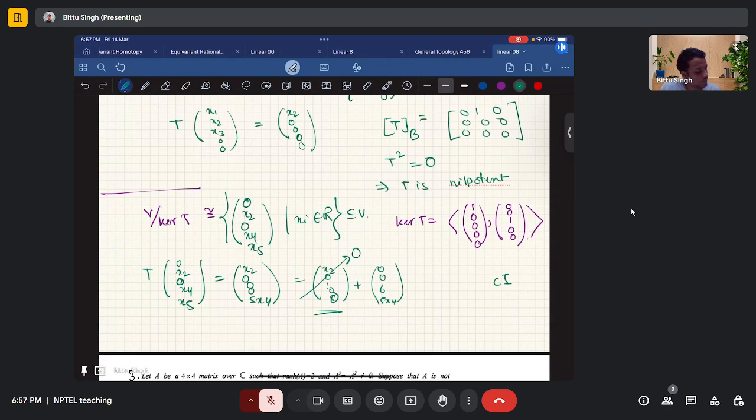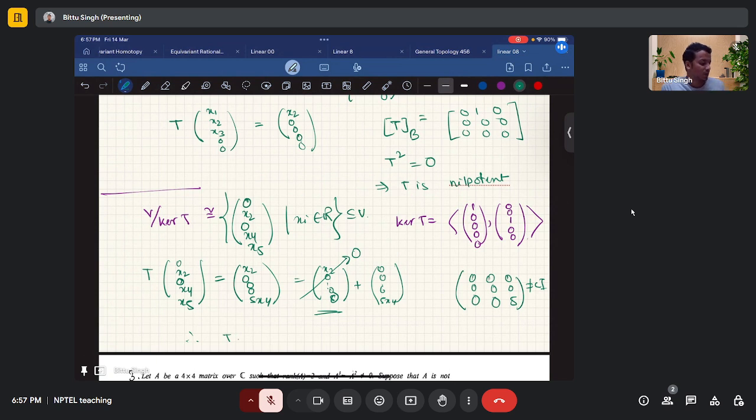Because we can see the matrix representation. If we take the matrix representation, corresponding to second and 4, everything is 0, 0, 0, 0, and corresponding to 5, x5, we have 0, 0, 5. So this is not a scalar matrix. This is not equal to C times I. So therefore, the last option is also incorrect.